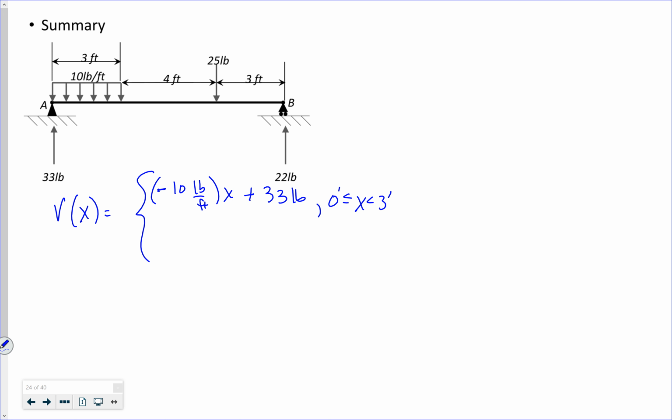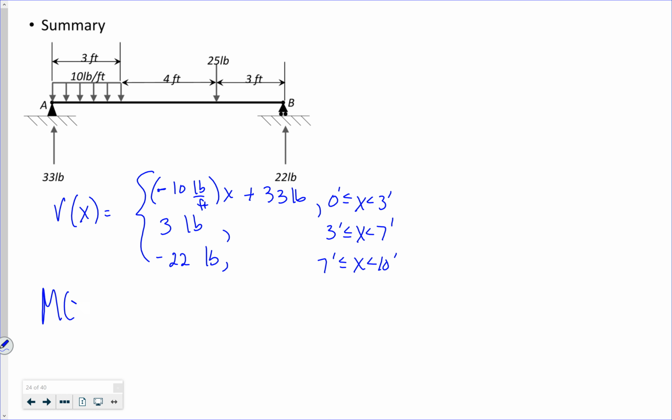And then it's constant after that, right? 3 pounds for 3 feet to 7 feet, and minus 22 pounds for 7 feet to 10 feet.